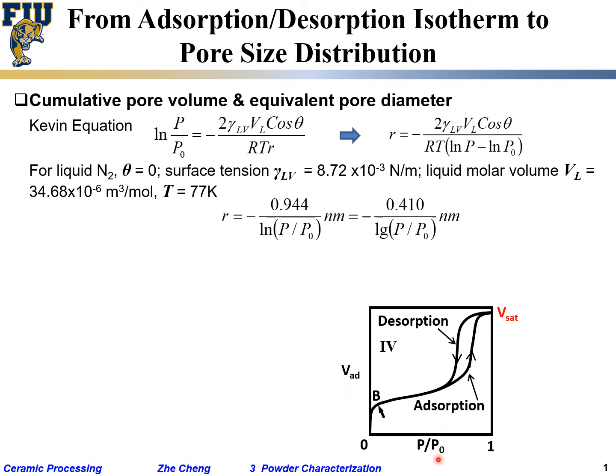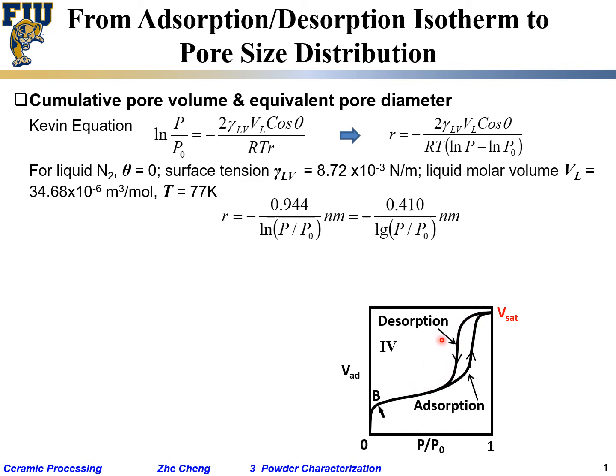The horizontal axis would be relative pressure from vacuum all the way to saturation. We start from 0 going up, monolayer coverage, multilayer coverage, reach saturation and go back down. Adsorption going up, desorption going down.